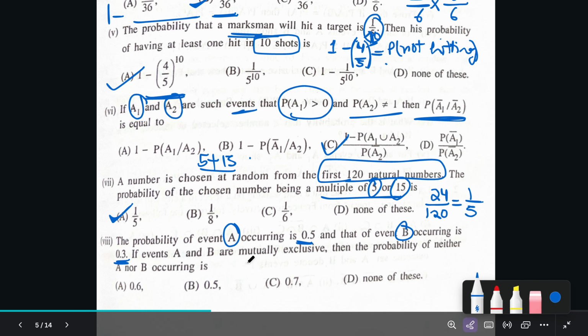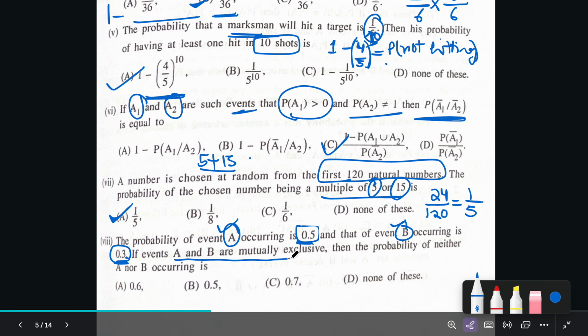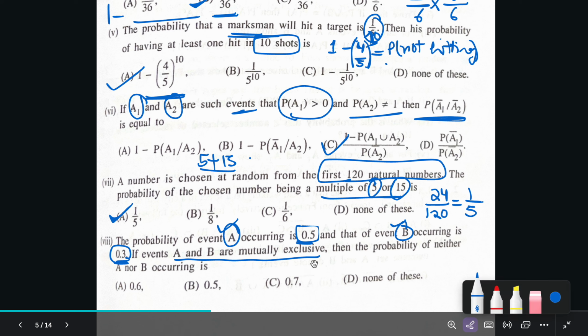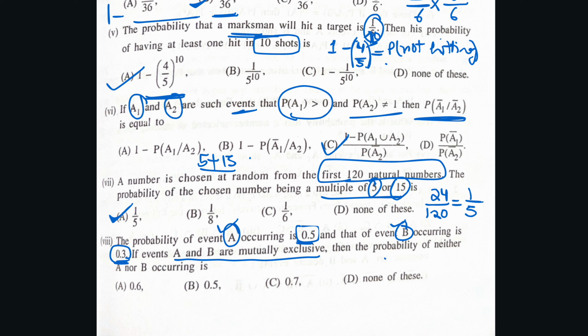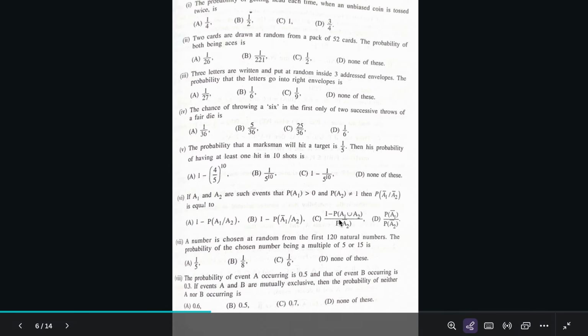If events are mutually exclusive, then probability of neither A nor B occurring is, event A occurring is 0.5, probability of event B occurring is 0.3. Yeah, exclusive. D. Yes, okay.